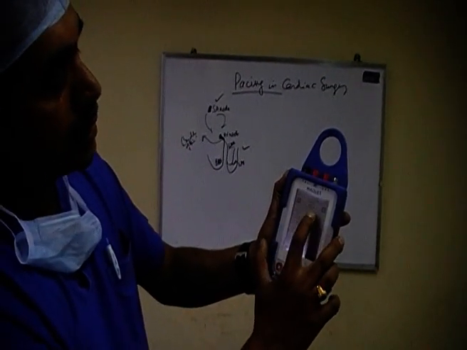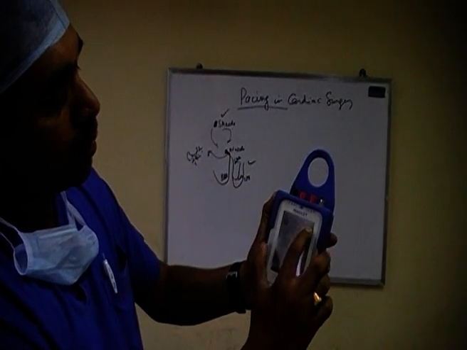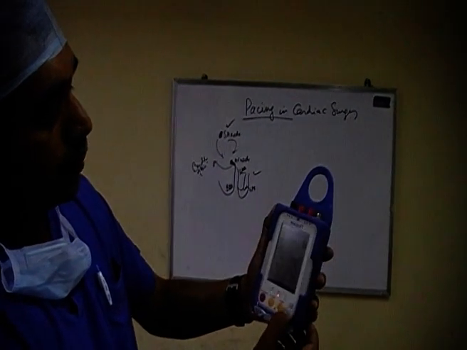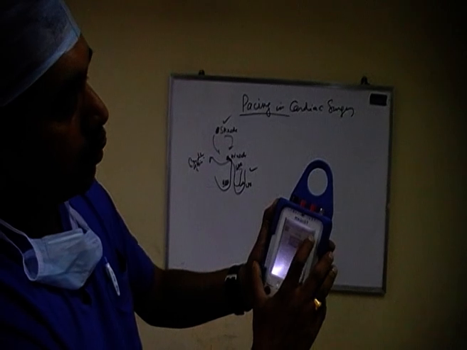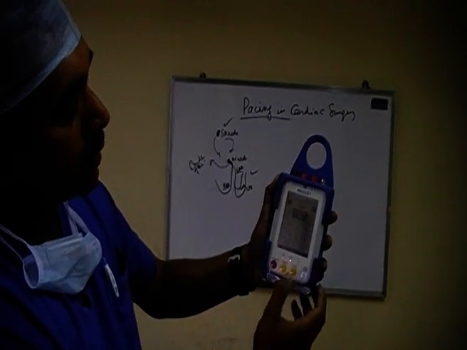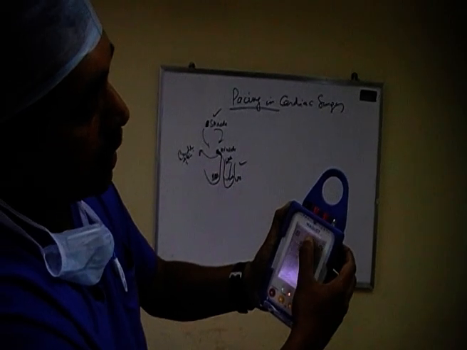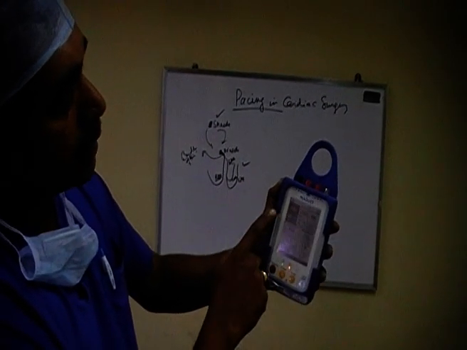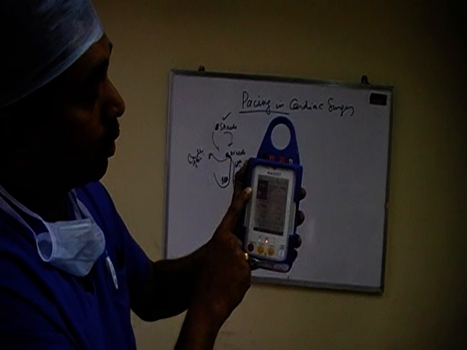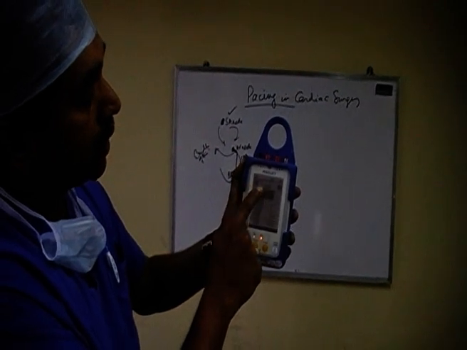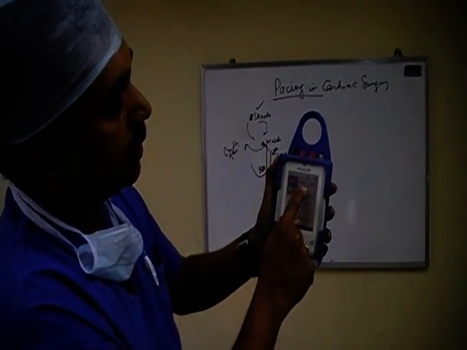So it is just sensing and not pacing. So if you select which now this is selected the heart rate, and then there are plus and minus, so I can increase the heart rate. And equally, if you select the modality in which you want to pace, there is AAI, DDD, VVI.